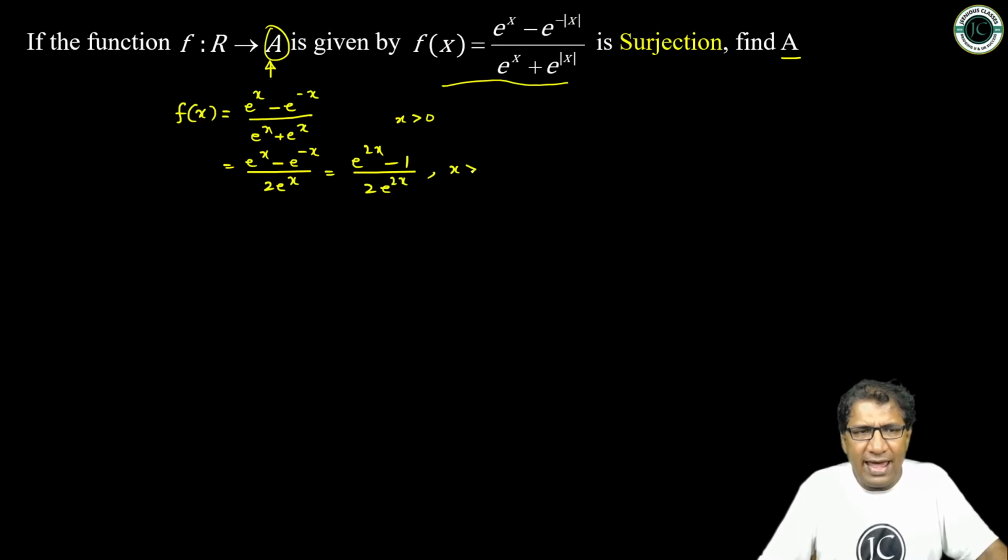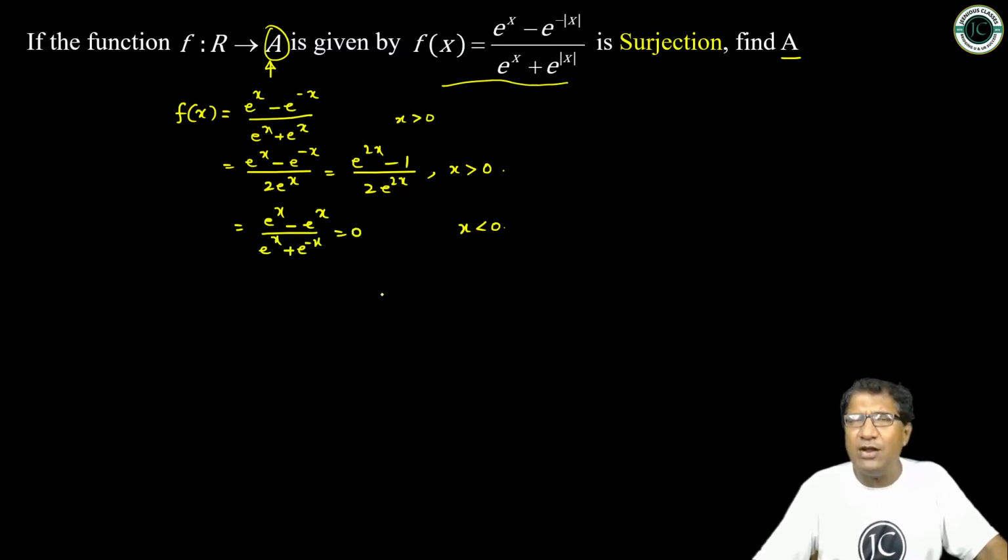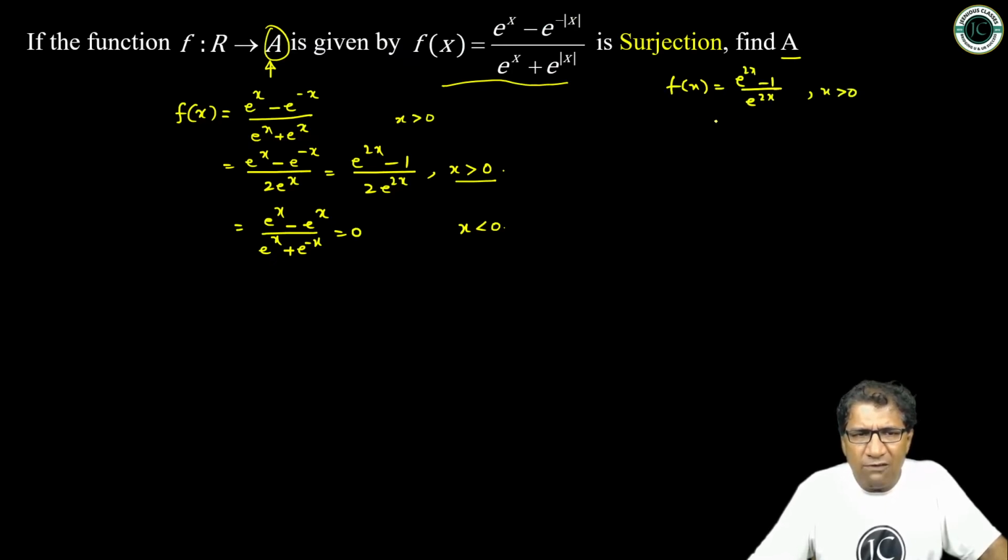This is when x is greater than 0, right? Now, when x is less than 0, f(x) comes to e to the power x minus e to the power x, divided by e to the power x plus e to the power minus x. That gives us 0. Therefore, when x is greater than 0, f(x) is (e to the power 2x minus 1) over 2x, and f(x) is 0 when x is less than 0.